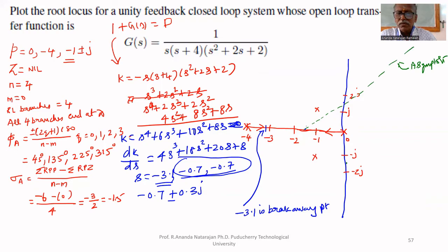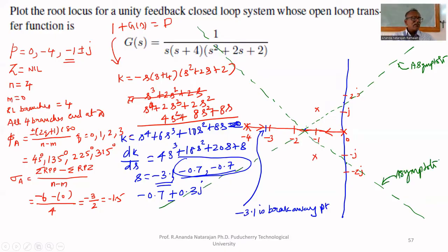This is one asymptote. This is another asymptote. Third asymptote. And fourth asymptote.